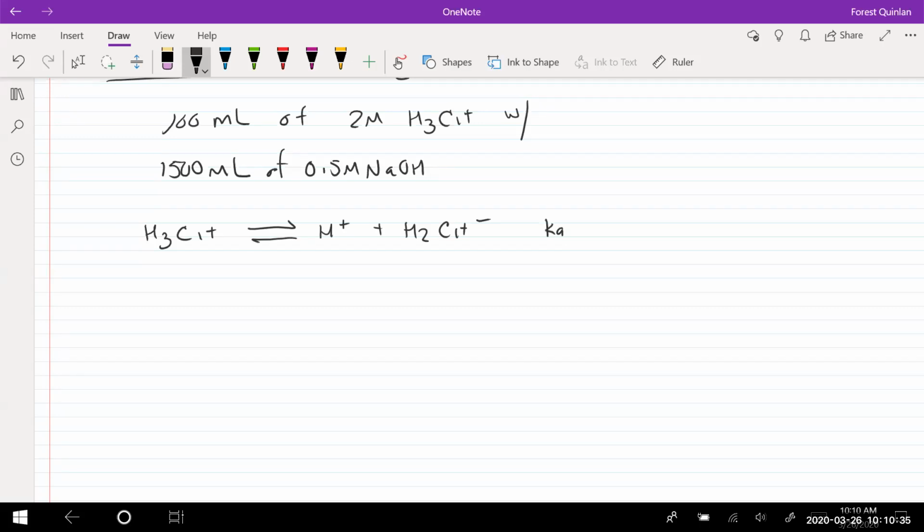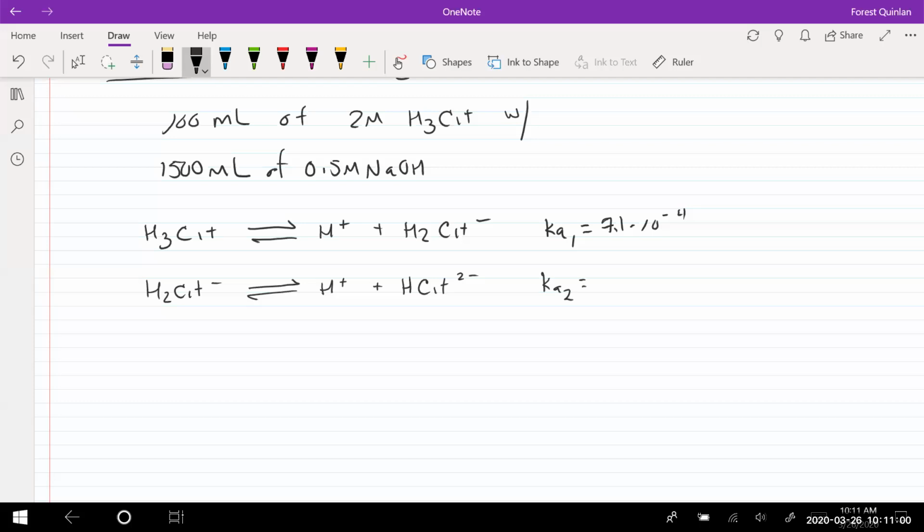This has a Ka1 equal to 7.1 times 10 to the negative 4. Then we have H2-CIT minus going back and forth to make H plus and H-CIT 2 minus.